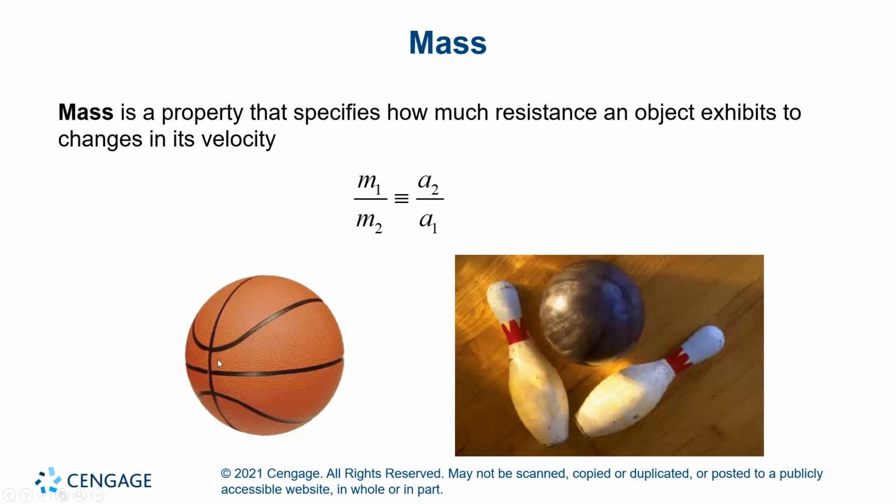So the magnitude of acceleration of an object is inversely proportional to its mass when acted on by a given force. If one object has a known mass, the mass of the other object can be obtained from the acceleration measurements. Mass is an inherent property of an object.